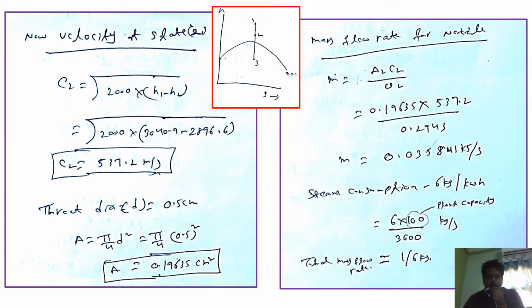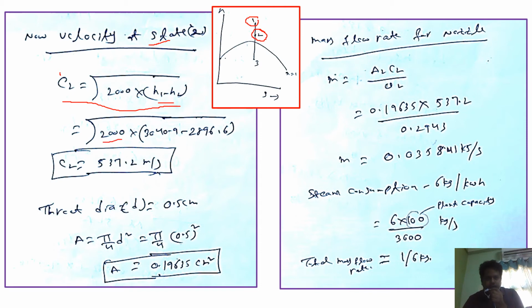Now we can find the velocity at state 2. As we know, to find the velocity, the formula is C2 equals the square root of 2000 into H1 minus H2, where C is the velocity. Because the process is from 1 to 2, we have written H1 minus H2.